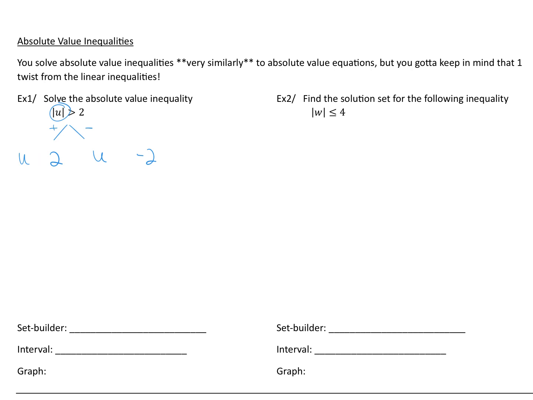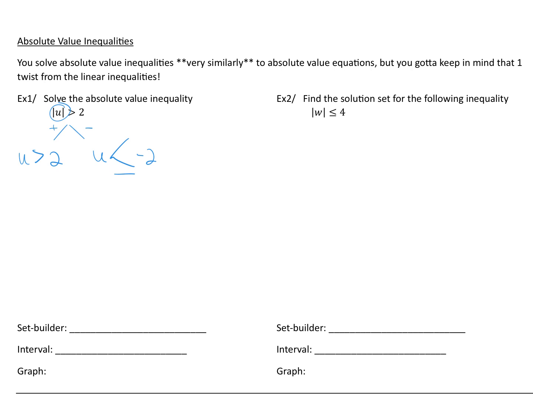Now, because this is an inequality, the plus version will look darn near exactly similar to the inequality that was given. The minus version, because that 2 was flipped to a negative, the inequality sign will swap directions.